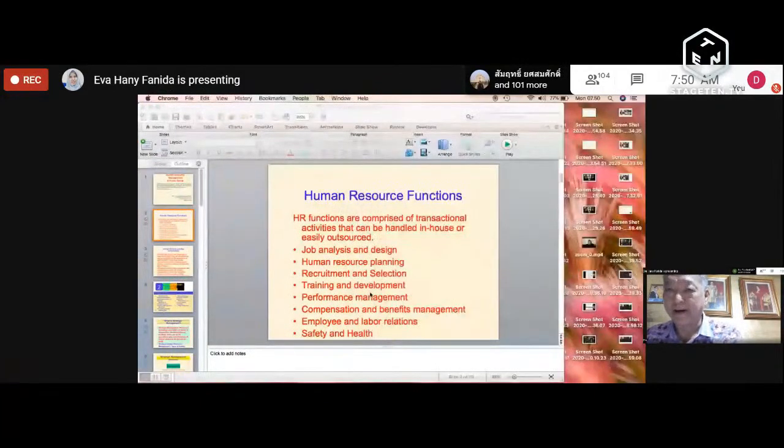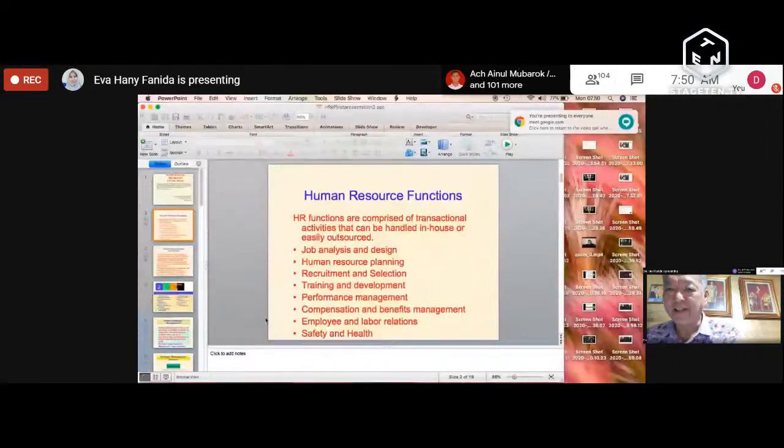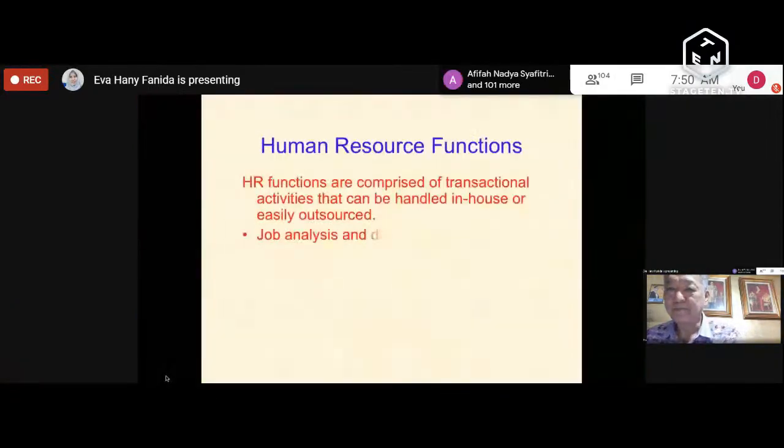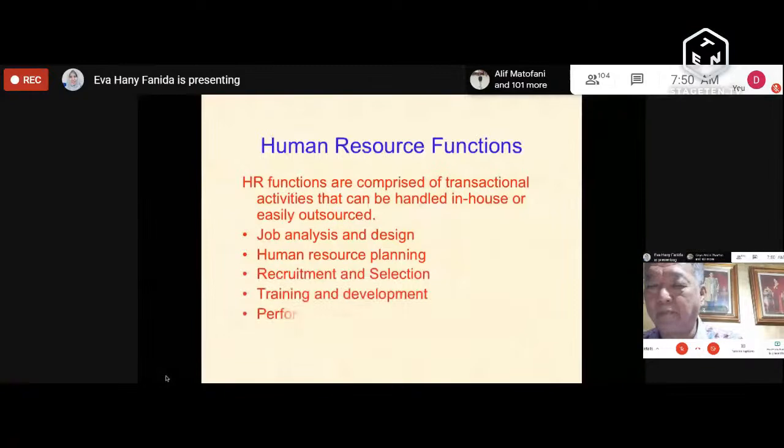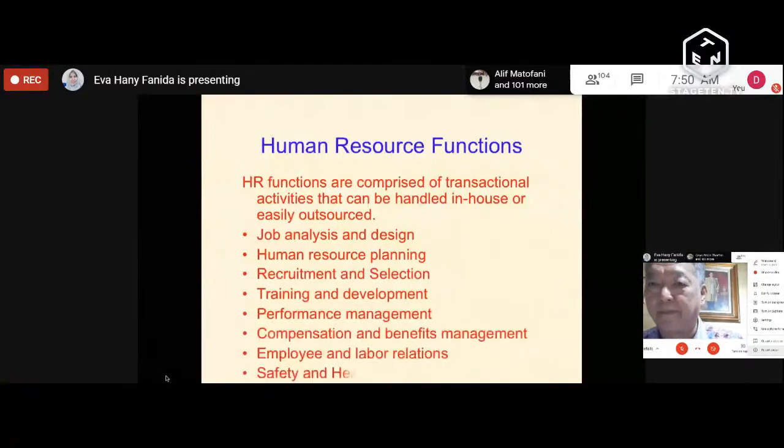Okay, for each function. The second function is human resource planning. It means that when we work for any organization, we should know how many employees and how many jobs we have, and whether they are matched or not.